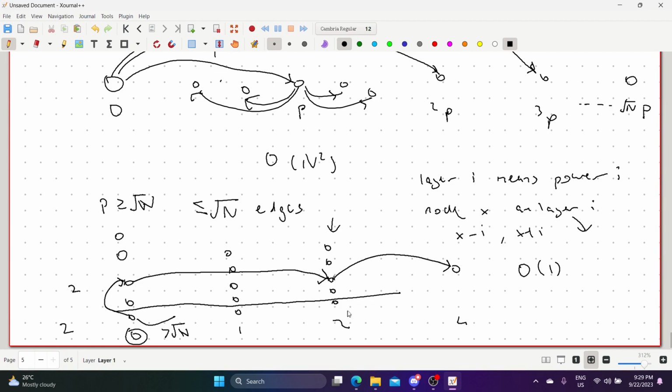It's only at the bottom layer, which is layer 0, where you have at most square root n edges. At the same time, the number of vertices is also n square root n because of the number of layers that you create. So the number of edges and the number of vertices are both around n square root n. If you do Dijkstra with this, it's n square root n times log, which should be enough to solve this problem.